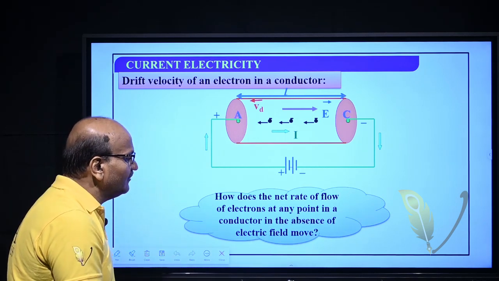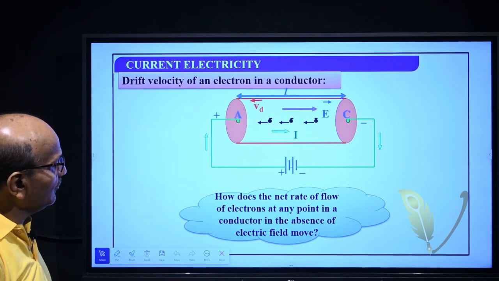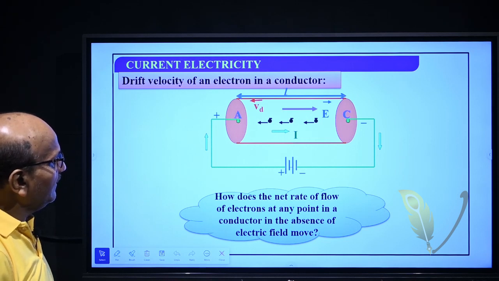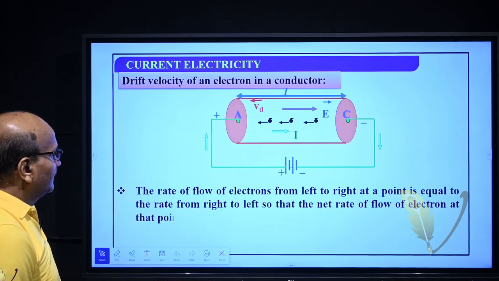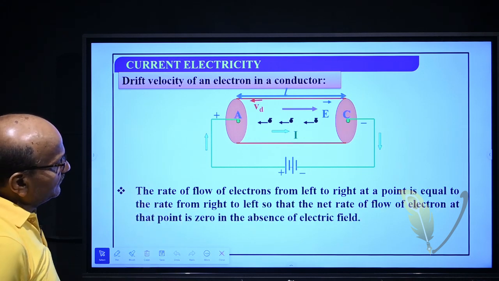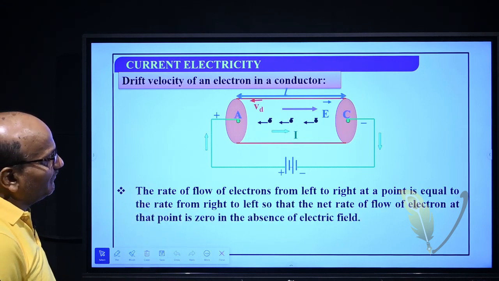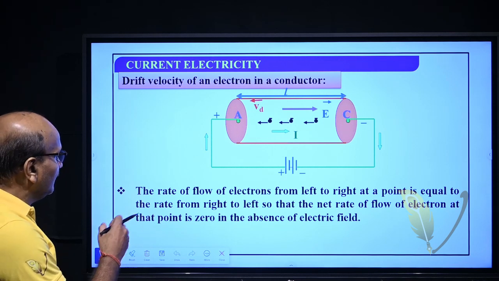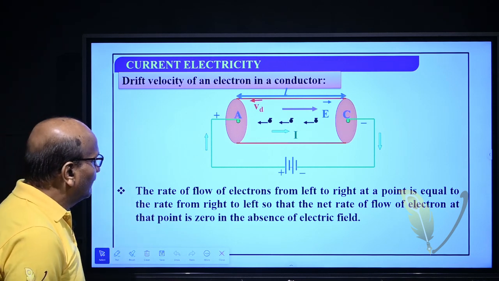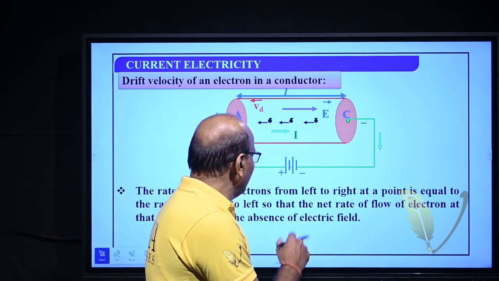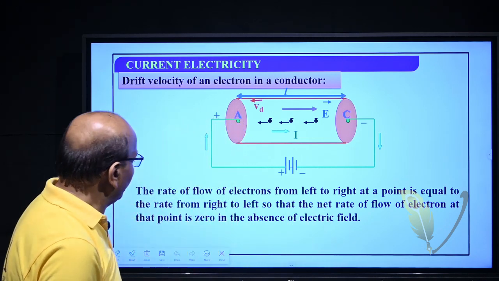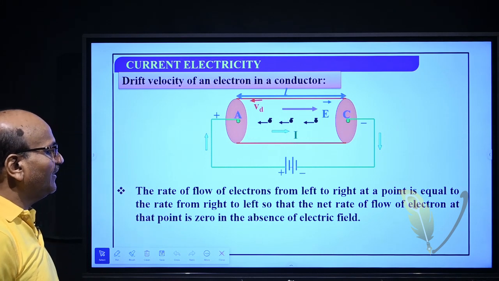So the net flow of charge will be 0, then current will be 0. The rate of flow of electrons from left to right at a point is equal to the rate from right to left, so the net rate of flow of electrons at that point is 0 in the absence of an electric field.